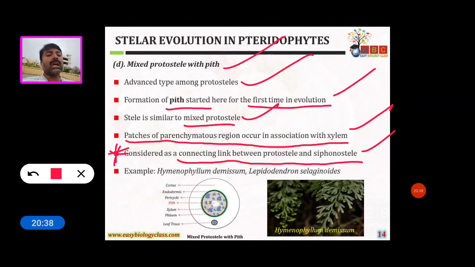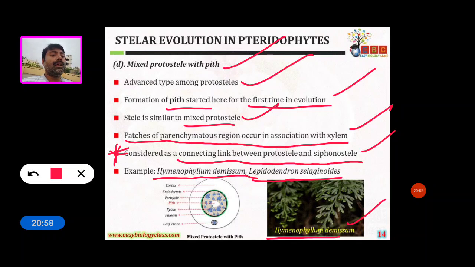This type of stele we can see in Horneophyllum and Lepidodendron selaginoides. So this is the Horneophyllum.